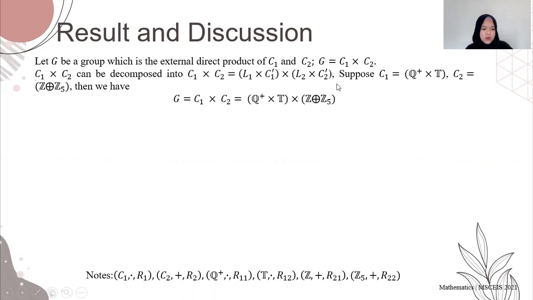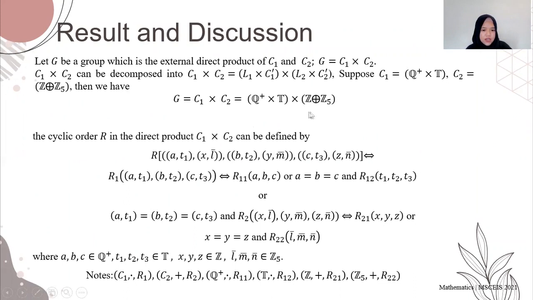Suppose that C1 equals Q positive direct product torus and C2 equals Z direct product Z5. Then we have the group G equals Q positive direct product torus direct product Z direct product Z5, where Q positive and Z are linearly ordered groups, whereas torus and Z5 are cyclically ordered groups which are not linear.